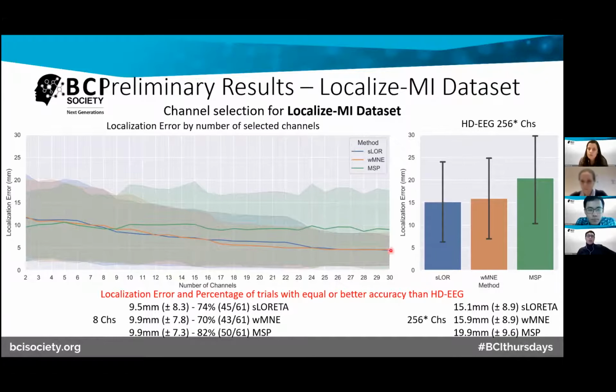And here, we can see that with a much lower number of electrodes, we could still have better localization error than the full set of electrodes, and that for 70% of the trials with 8 channels, we obtain equal or better accuracy than the high density EEG.